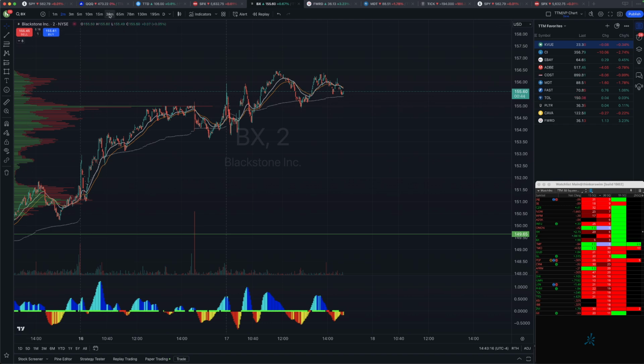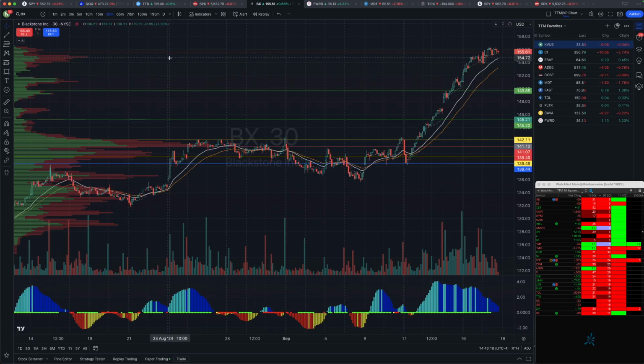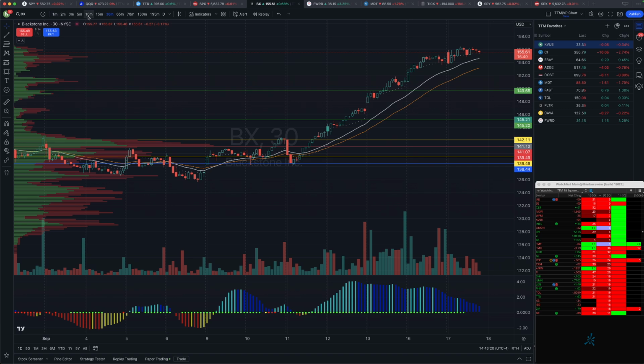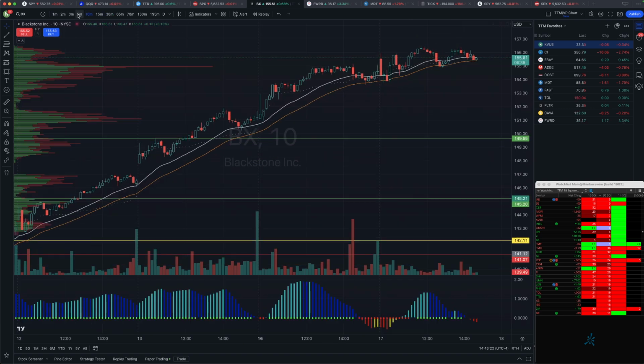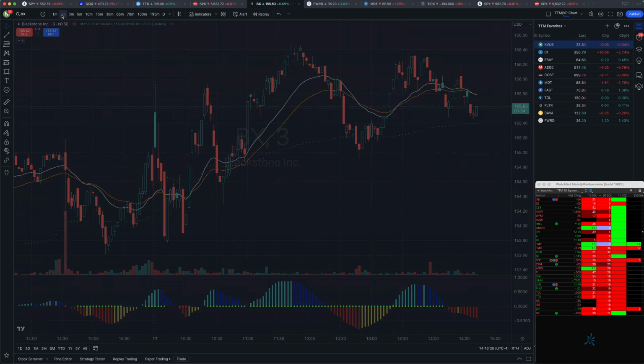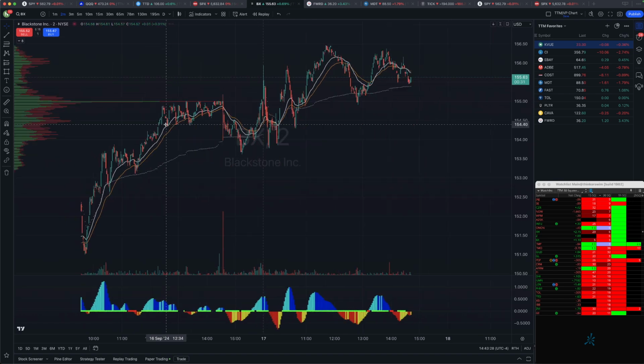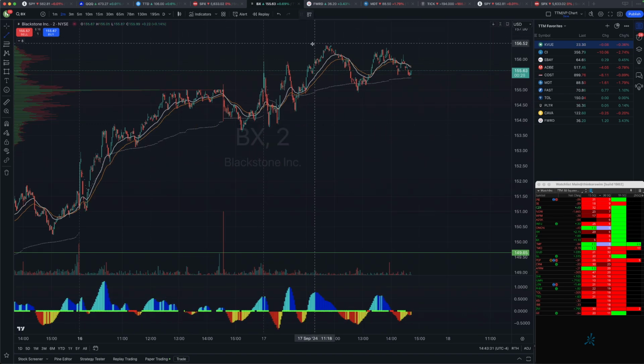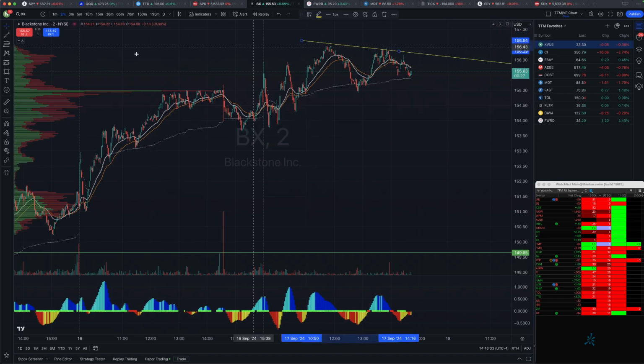Right? I don't know what that was on. What was that, like a 10 minute? I'm just pulling up a kind of random chart. Was that a 1 minute? Yeah, maybe. But why would I like BX here? Potentially, if I'm looking at a 2 minute chart, which I didn't realize I was, but that's totally fine. I'm looking for chart patterns. Boom.